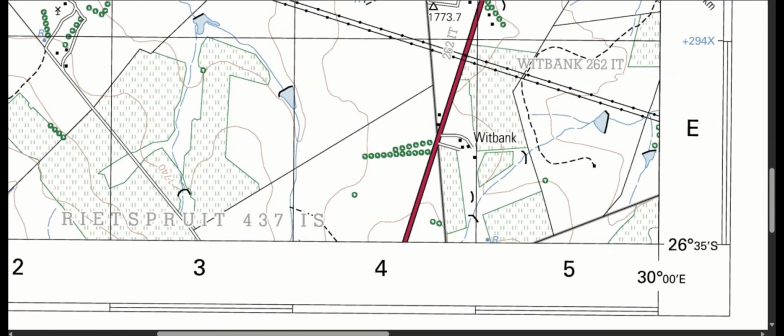As you can see, the position of this contour line over here is bending upstream, and when we look at the positioning of the dam wall, there's the wall over here. So it also tells us that this river in this case is flowing towards the northwest.